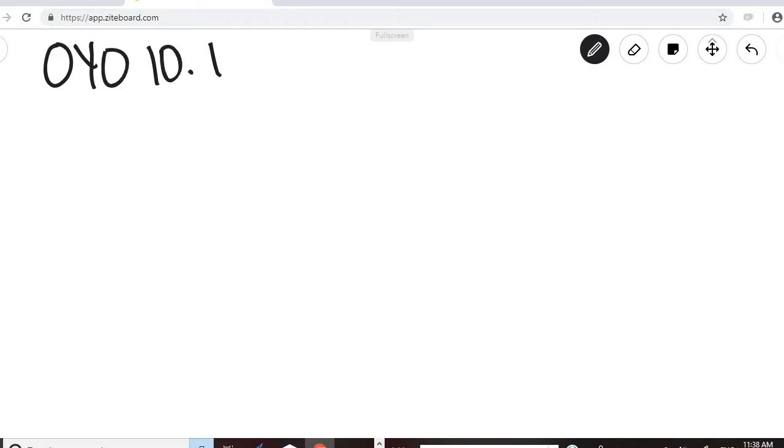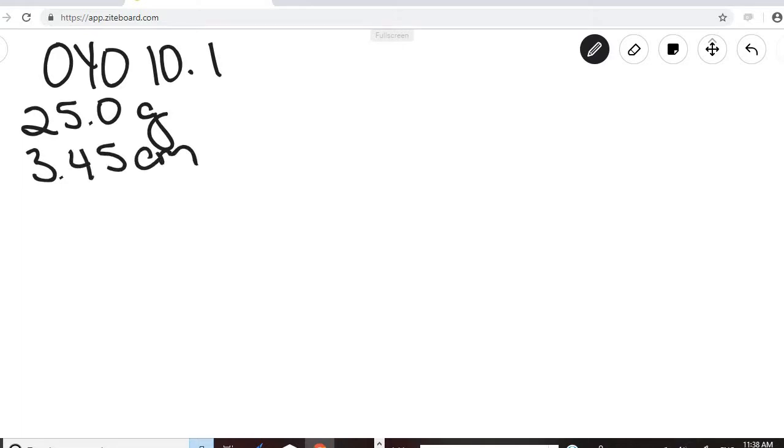In this problem, we are told that a student hangs a 25.0 gram object on a spring, and it stretches down 3.45 centimeters from its equilibrium position. What is the spring constant of the spring?